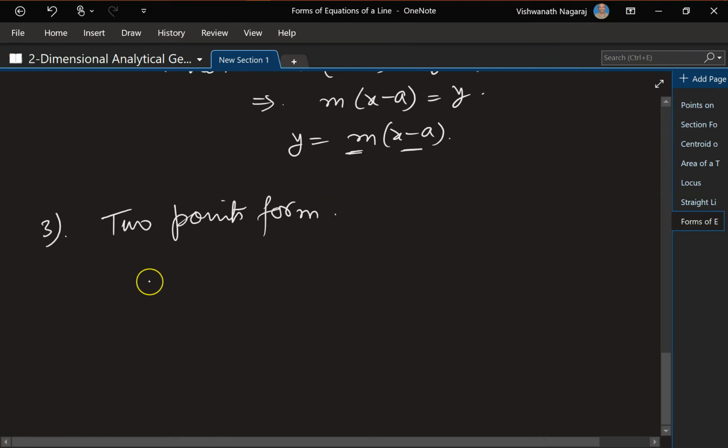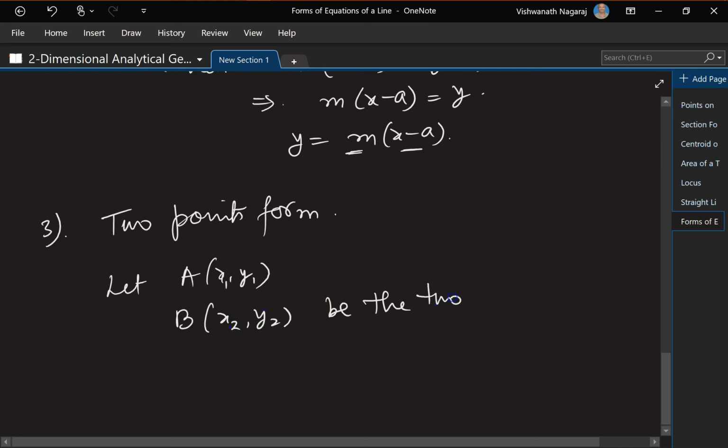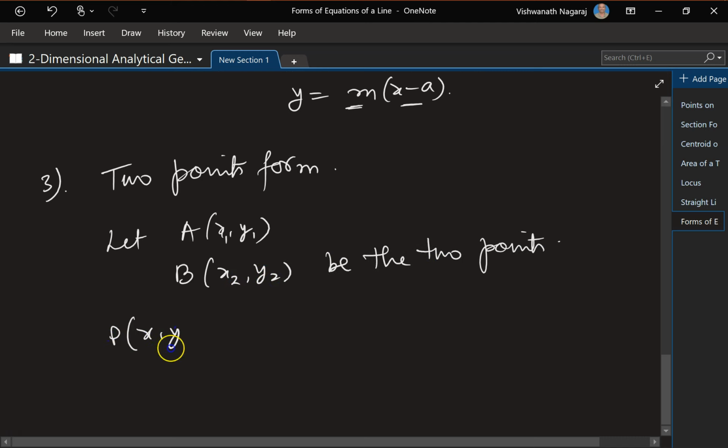Okay, so 2 points form. So let's say A, x1 comma y1, is 1 point, B is x2 comma y2. These are the 2 points. Let P x comma y be an arbitrary point on the line.